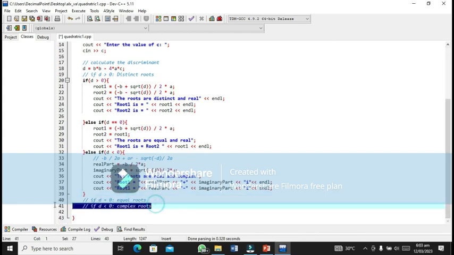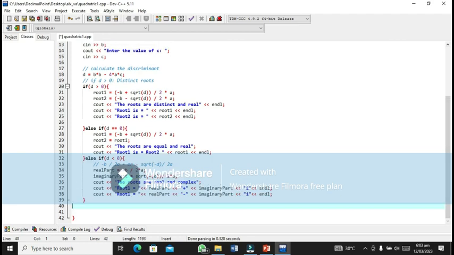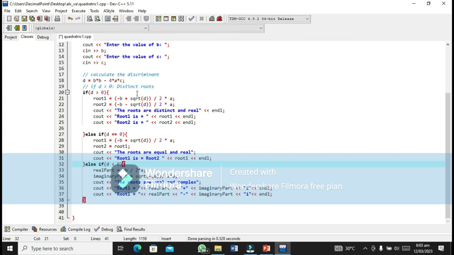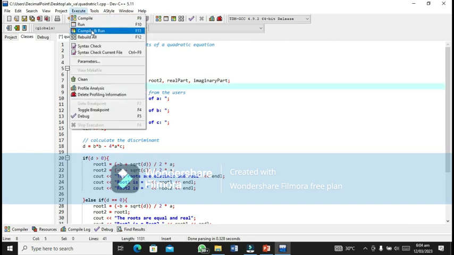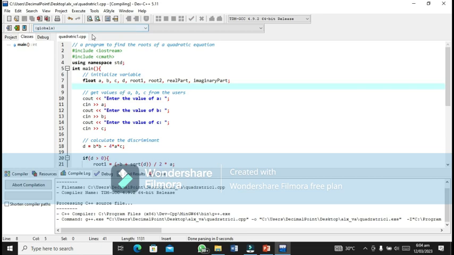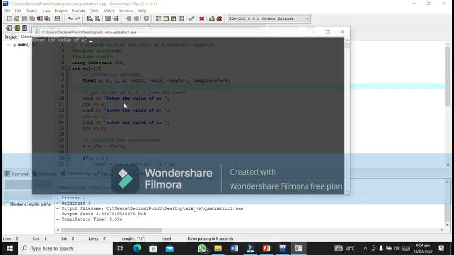So we can clean up this, clean up this also, and let's look at this. Now, in order to run the program, you can go to execute, compile and run, and see if we have any errors, and hopefully we don't.